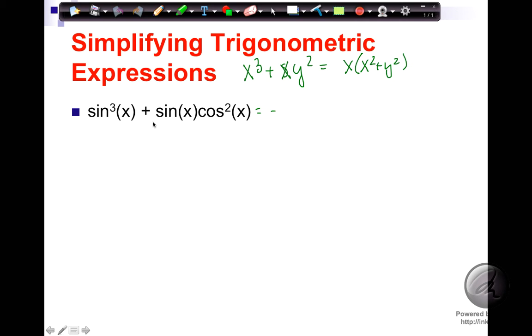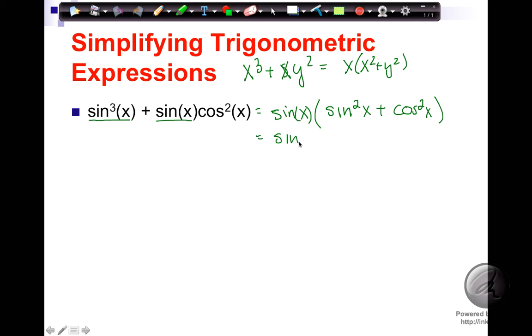But let's say we had this statement: sine cubed and sine both have a sine function in them, so I'm going to factor out a sine of x. When I factor out a sine of x, I get sine squared x plus cosine squared x. So it follows along just like the algebraic expression above.